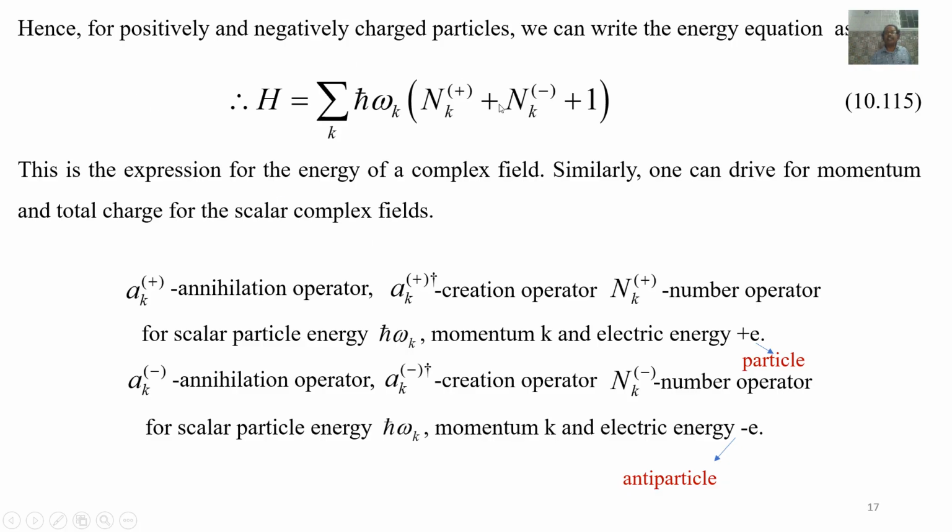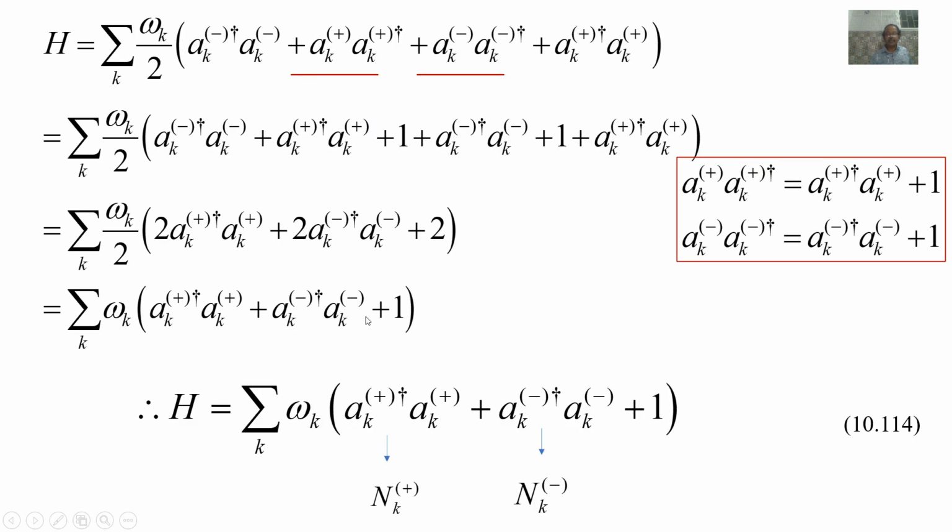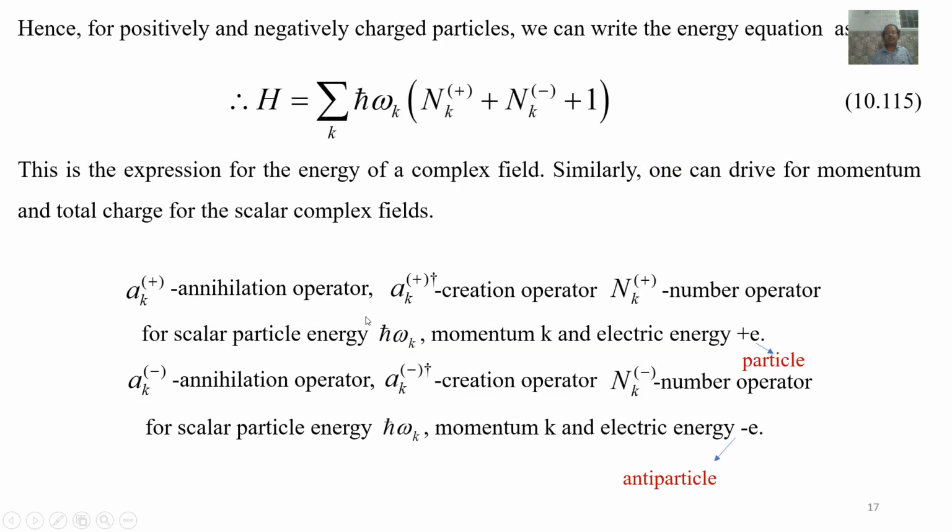So we have H equals the summation over k of H bar. Here H bar is not there, but we have taken H bar as 1 earlier. So we can now insert H bar omega, nk plus nk minus plus 1, which is equation 10.115. So this is the complete expression for the energy of the complex field.